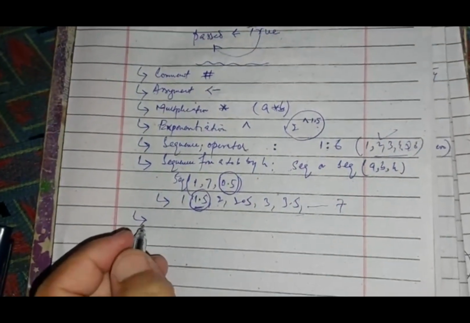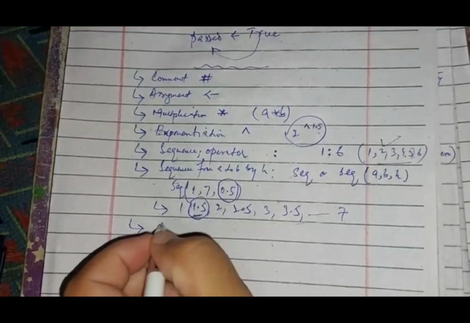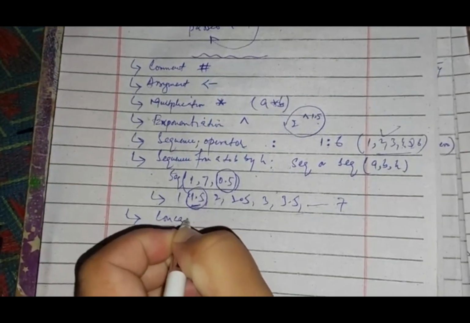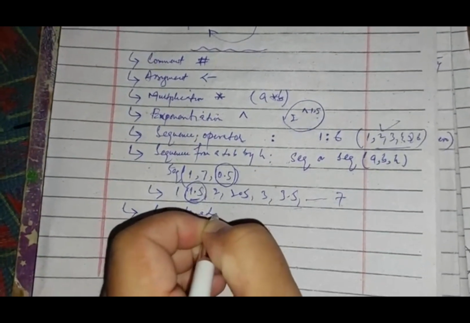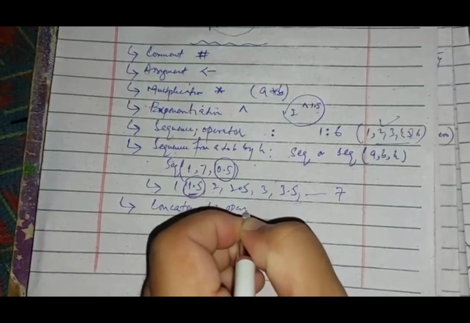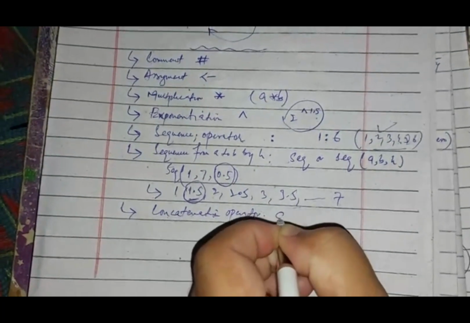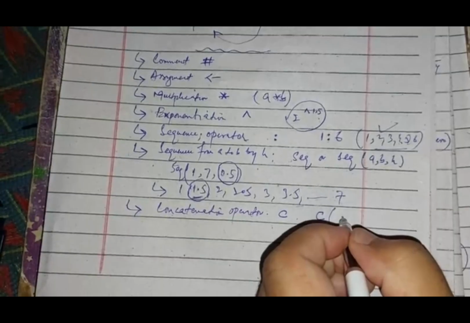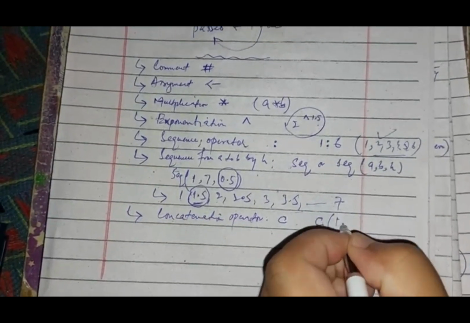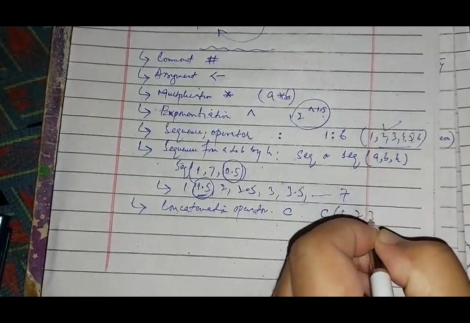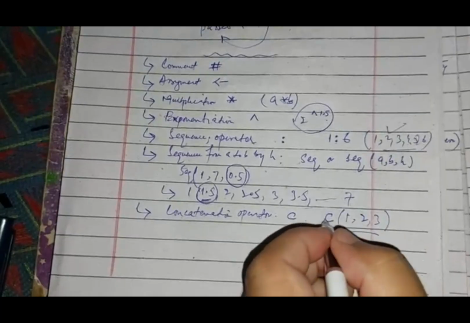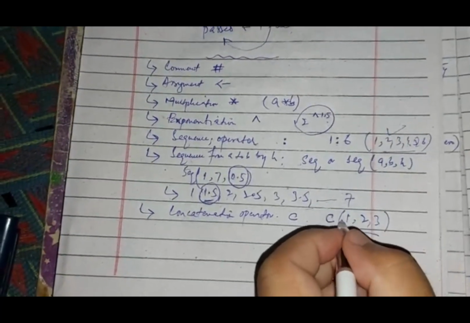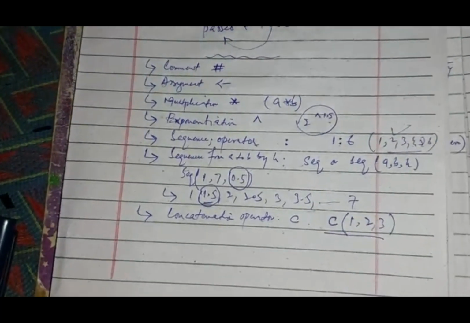Okay, and we have the concatenation operator, defined by C, and we write it like C bracket 1 2 3 etc. So it gathers numbers into a vector.